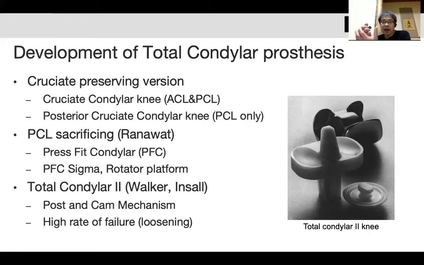Another one is to keep the high conformity between the polyethylene and the femoral component, and it can allow rotating motion between the tibial and the bearing. And the third one is the post-and-cam mechanism. This is a really innovative device, because it can provide both posterior stabilization and rollback motion due to the post-and-cam mechanism.